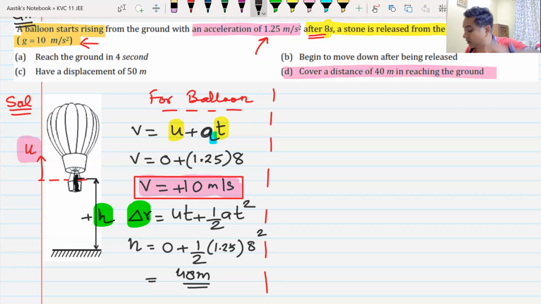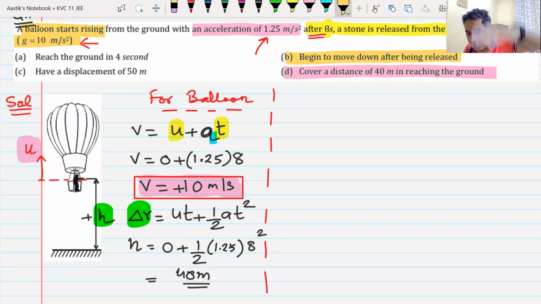And let us look at the options. Let us forget the first option. Let us look at the second option. The second option says that the balloon will begin to move down after being released. Is it correct or false?